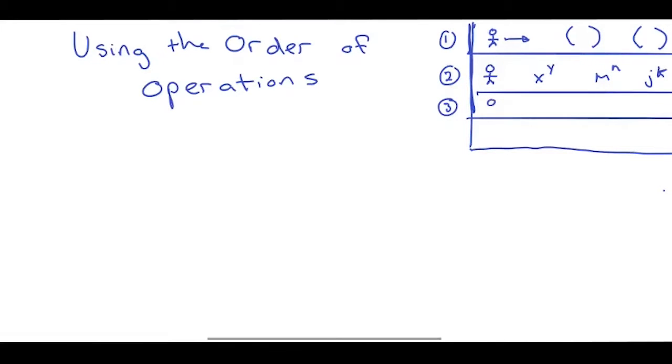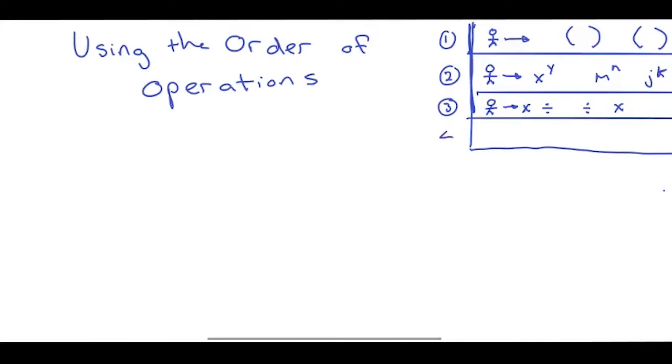there's a mixed bag. Because on level 3, you might run into some multiplication, you might run into some division, but then you might run into some more division and some more multiplication. Remember, you're always going from left to right. So whatever you encounter from left to right is what you need to do first in each of these levels.